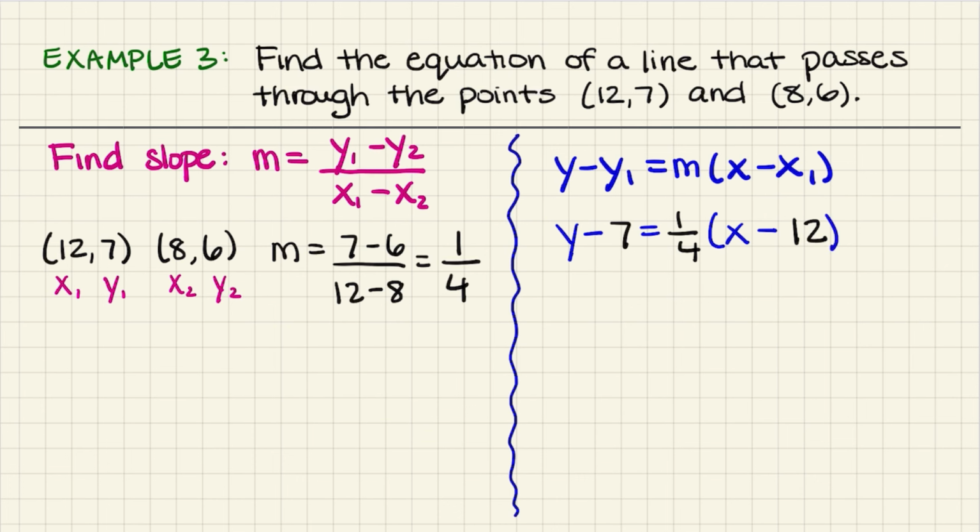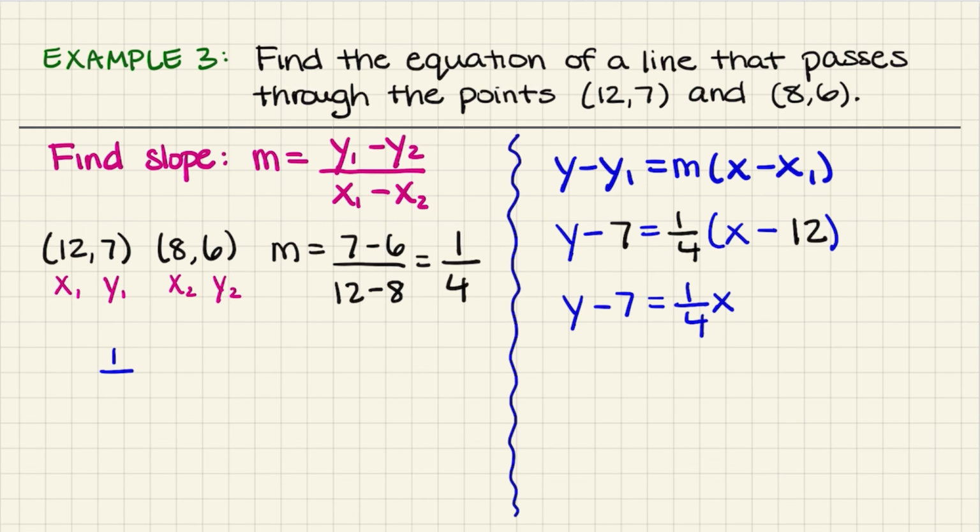Now we want to simplify this. The first thing we're going to do is distribute our 1/4 to the x and to the negative 12. Y minus 7 equals 1/4 times x is 1/4 x. 1/4 times negative 12, let's do over to the side here.